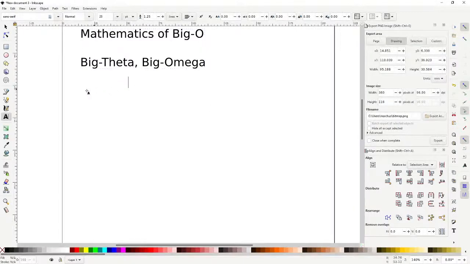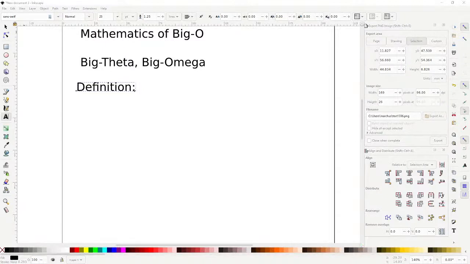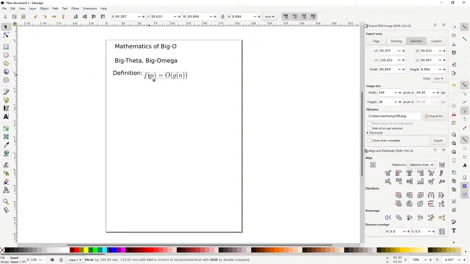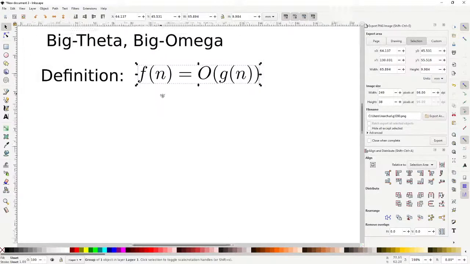So basically, remember the definition of Big O. The definition is basically this, right? We would say that f of n is equal to O of g of n, when... this is the notation we generally use.